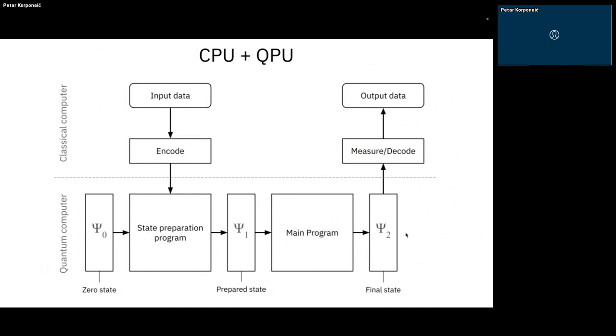And then from final state, we want to perform as few repetitions as possible to get the statistics and to read our data. So this is challenging. It's not easy.